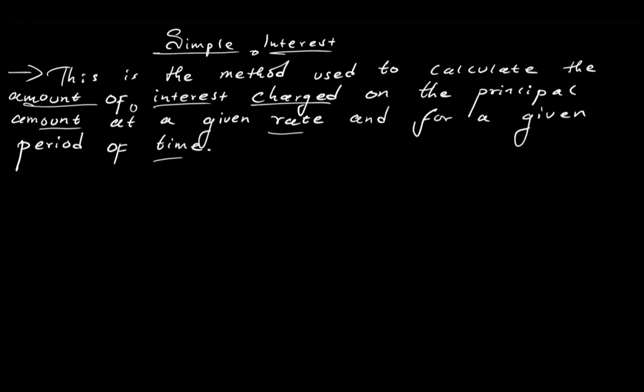With that said, you need to understand that simple interest, which could be denoted either by using SI or just basically I, is equal to P times R times T, which is practically just PRT.